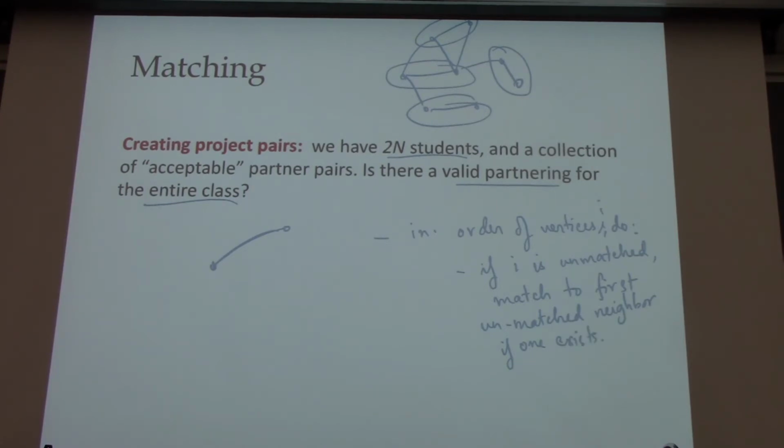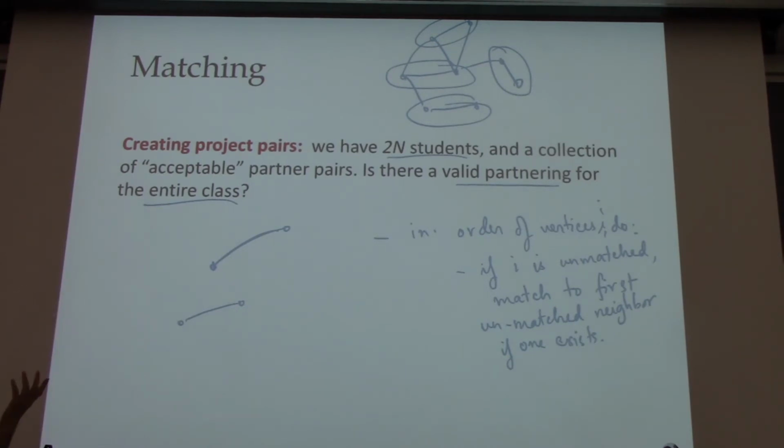Wouldn't it be slightly better if the ordering were in the order of pickiness of a student? So, low degree vertices first. We'll come to these kinds of heuristics later, but this is a good point. If there's one person who has only one edge out, a particularly antisocial student, maybe you want to partner them first and then continue with the rest.